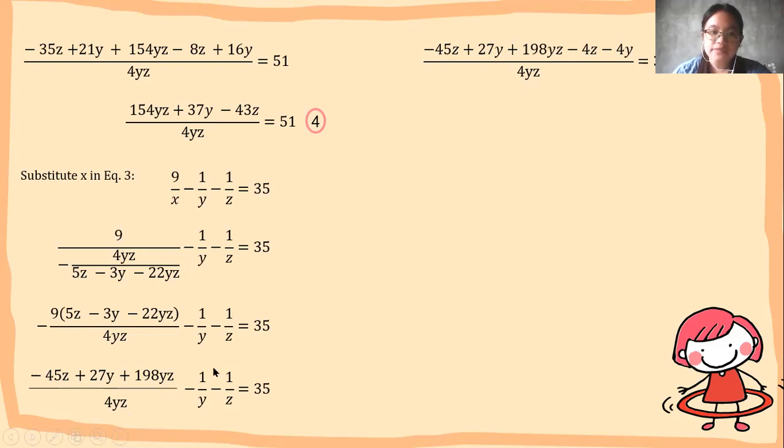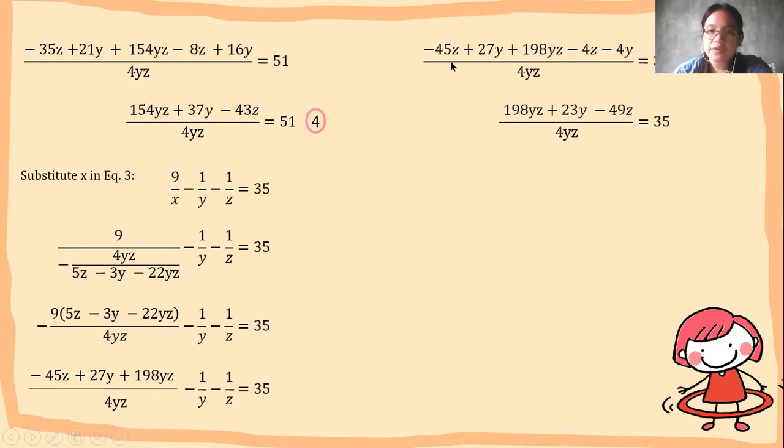Then 4yz divided by y is equal to 4z times the numerator, which is 1, we have negative 4z. Then 4yz divided by z is equal to 4y times negative 1, we have negative 4y equals 35. Then combine the like terms. So we have 198yz. Then 27y plus negative 4y, we have 23y.